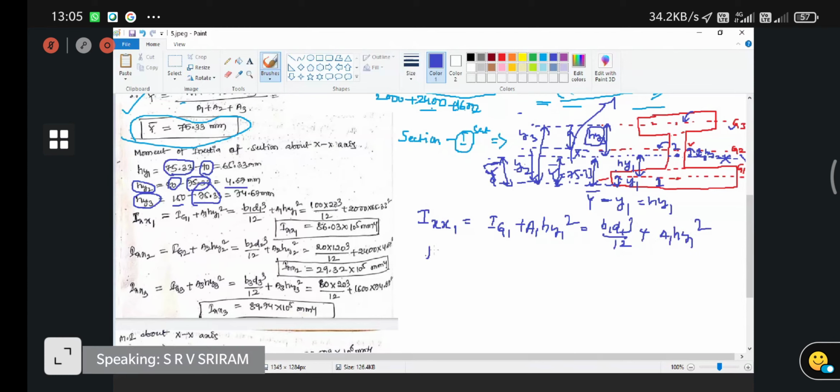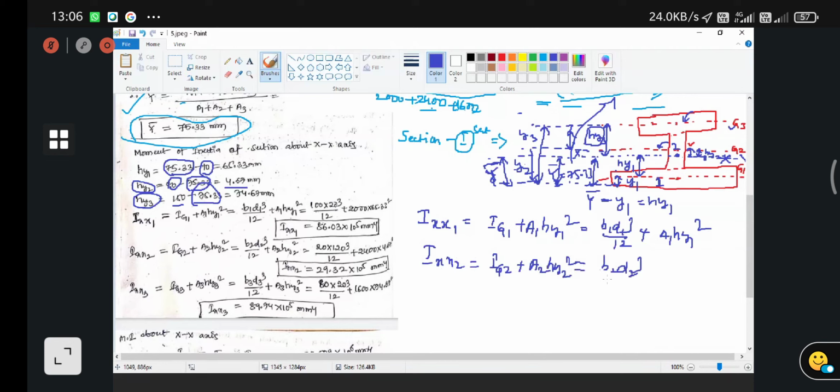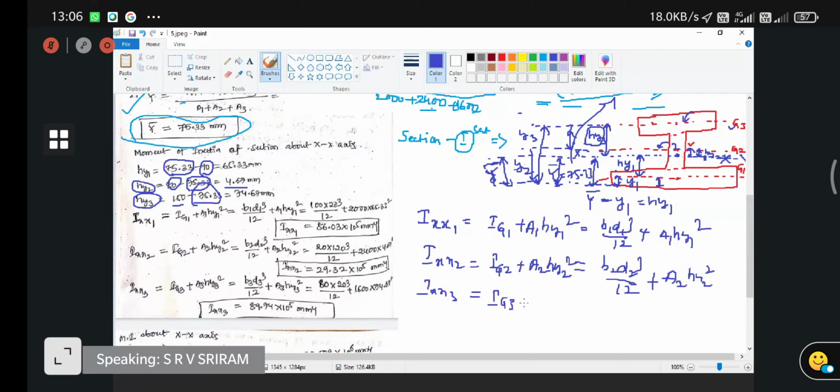Is it okay? So for IXX2 also, IG2, the central moment of inertia of the second section, plus area of that second section into hy2, the distance between those two parallel axes, which is equal to b2 d2 whole cube divided by 12 plus area into hy2 whole square. Okay, now IXX3 is equal to the moment of inertia about its own central axis for the third section plus area 3 into hy3 whole square.